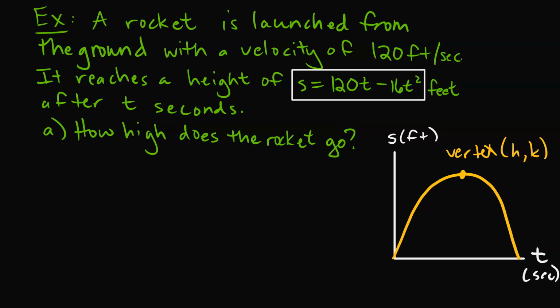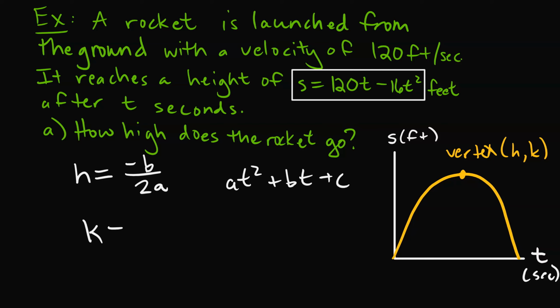Remember that the first coordinate, which we've denoted h, is given by the formula negative b over 2a, where we can think of this as a quadratic of this form. So that's what we mean by a, b, and c. Those are the coefficients. And then the second coordinate, which we're calling k, is just the function evaluated at that input.